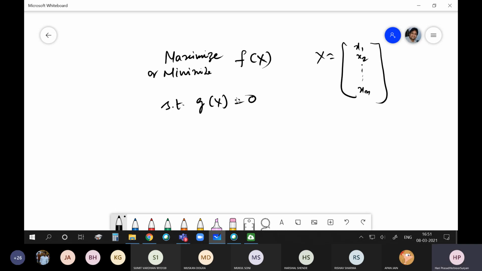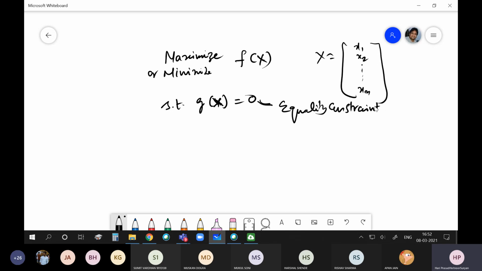So this is basically an equality constraint. This g is also a function of x, that means the decision variables.